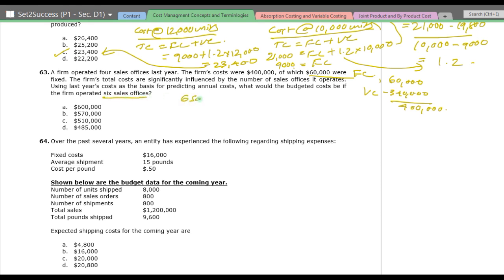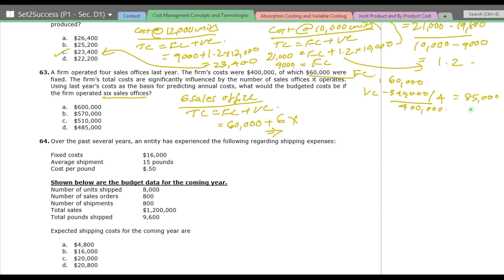So for 6 sales offices, we need total cost equal to fixed cost plus variable cost per unit. So our total fixed cost is 60,000. We need variable cost per unit. Six sales offices should be multiplied with variable cost per unit. So this variable cost 340,000 is for 4 offices. So per office we have a cost of 85,000.